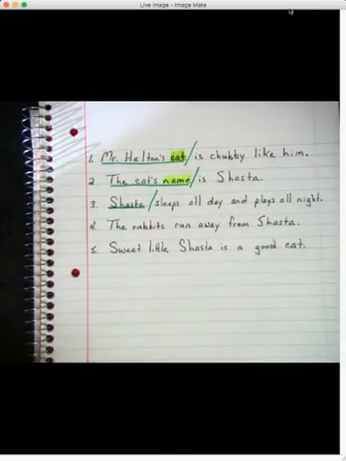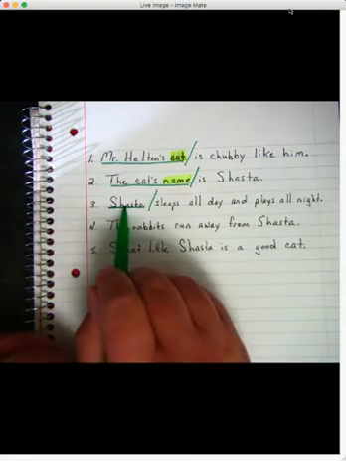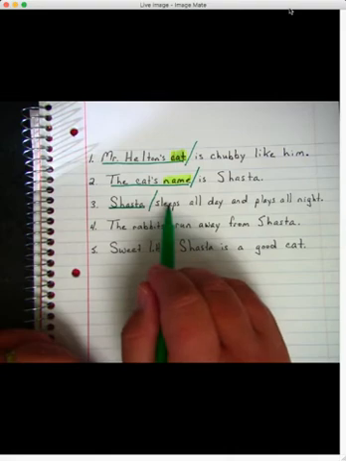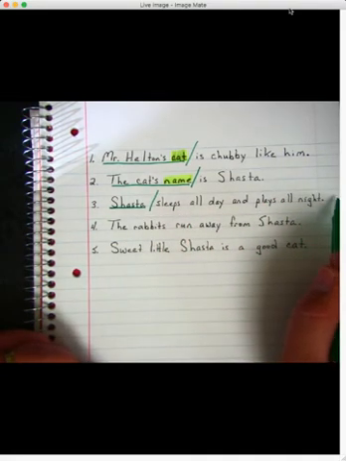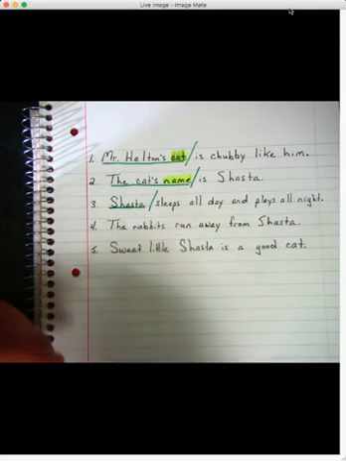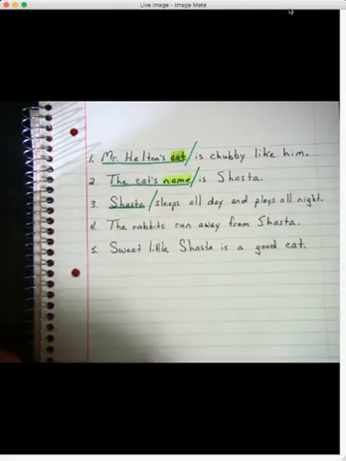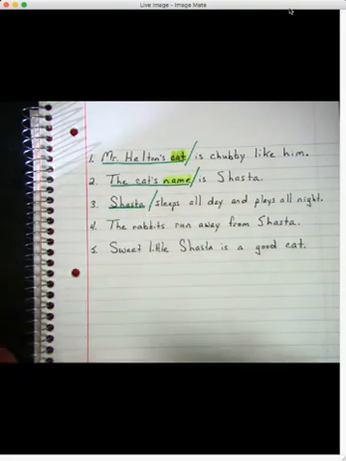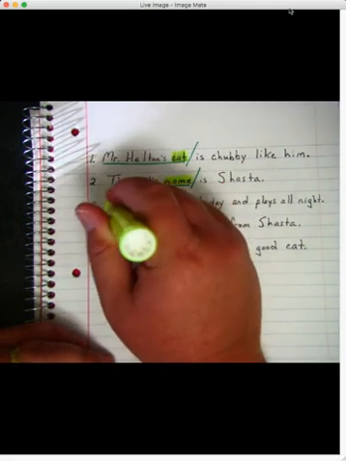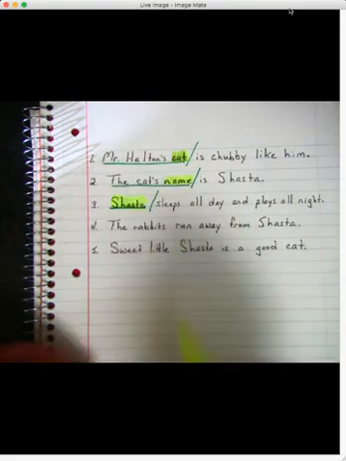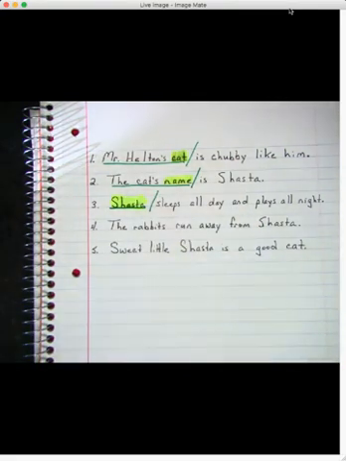So I'm going to divide the sentence there. Here's my subject, Shasta. It's who the sentence is about. And the rest of the sentence tells what they do. Sleeps all day and plays all night. Well, if this is the complete subject, and it's the only word, then it has to be the simple subject too, doesn't it? So this sentence is a little different because the simple subject and the complete subject are exactly the same.